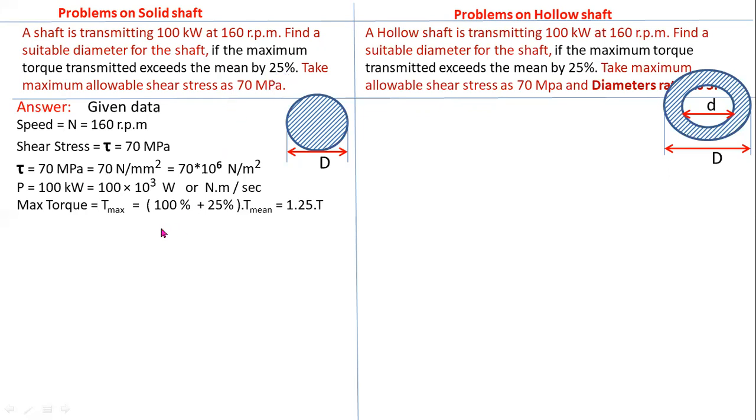So 100% is the initial torque, and after that you have to consider an extra 25% torque. The total torque is 125% of T mean. 125% divided by 100 equal to 1.25, so 1.25 into T mean. T mean equal to T. So maximum torque equal to 1.25 into T.